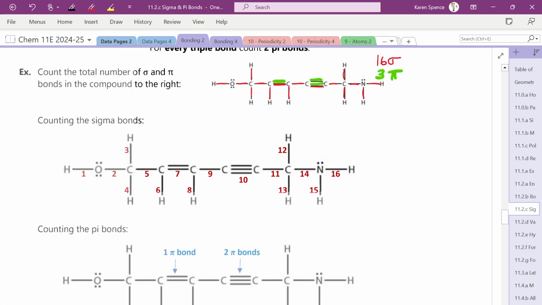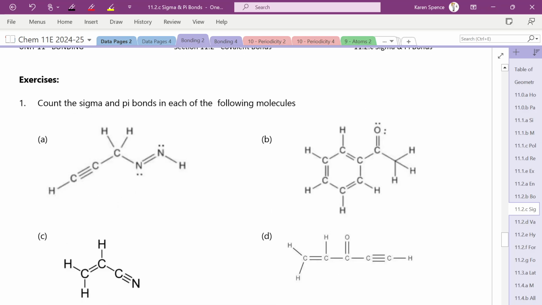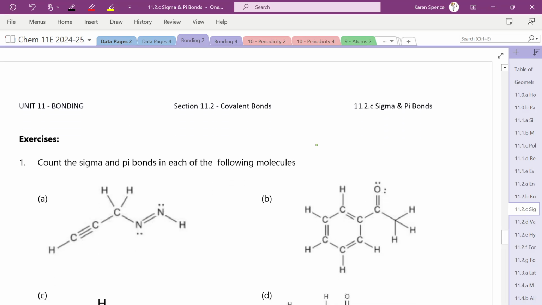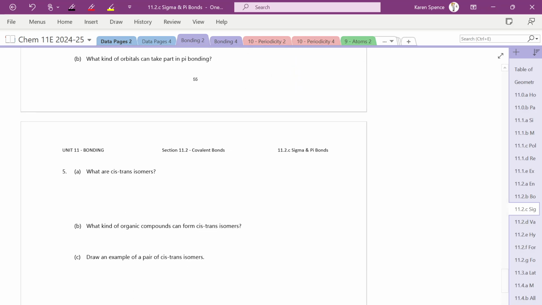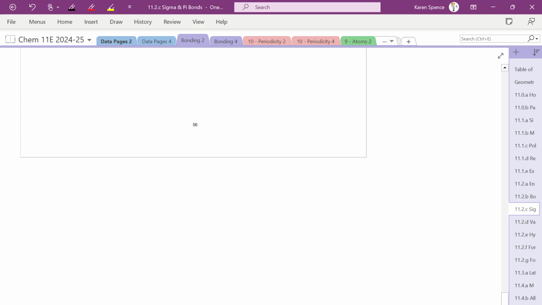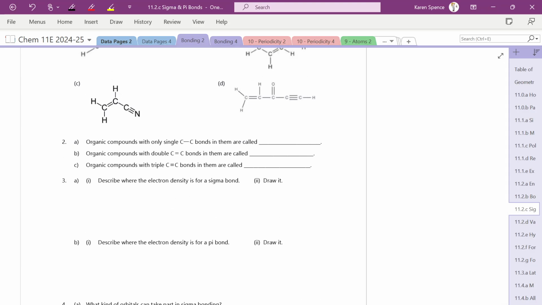Yes? Okay. There's some exercises. These are your homework. And because there's not really much there, I would like you to memorize all the molecular geometries.